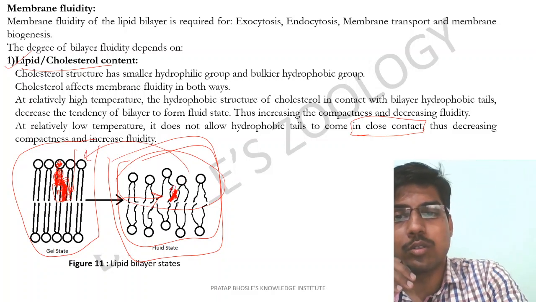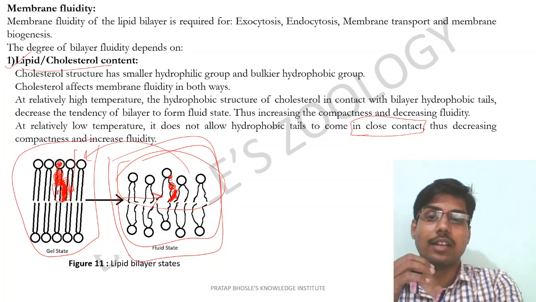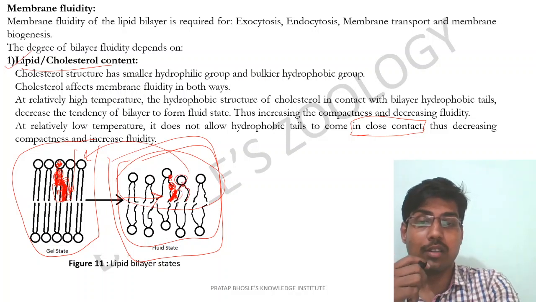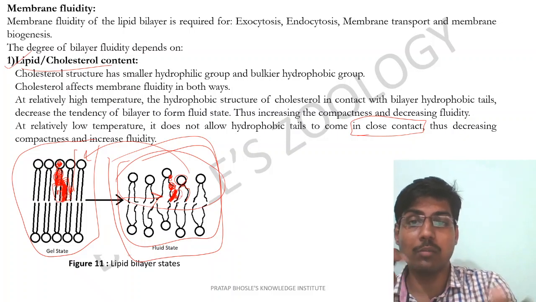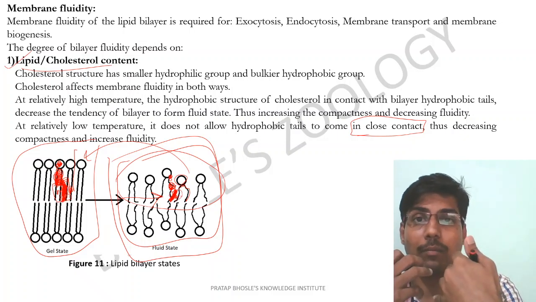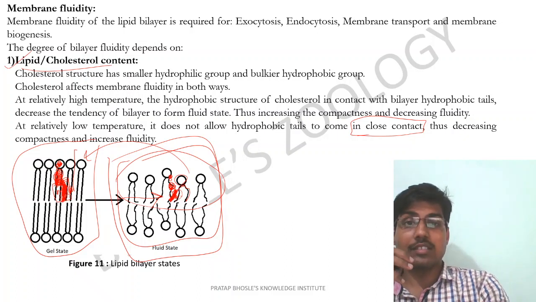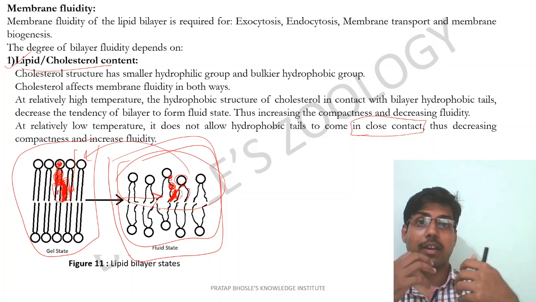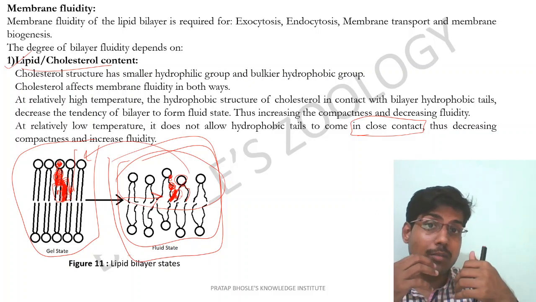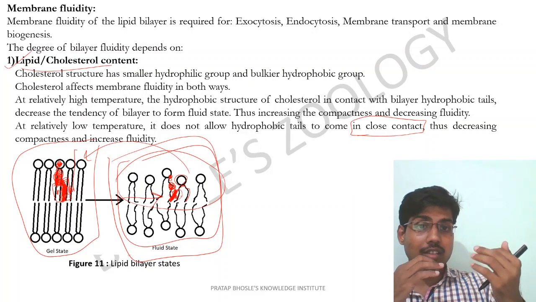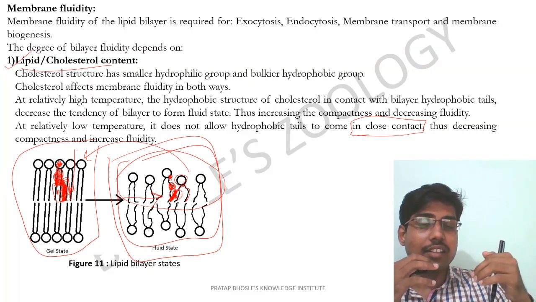But because of the presence of this cholesterol molecule, these loosely formed lipid hydrophobic tails are not able to get into a compact state again. Why? Because this hydrophobic tail is hindering their compactness. So it tends to keep them in that loose stage also. So in that way it decreases the compactness.